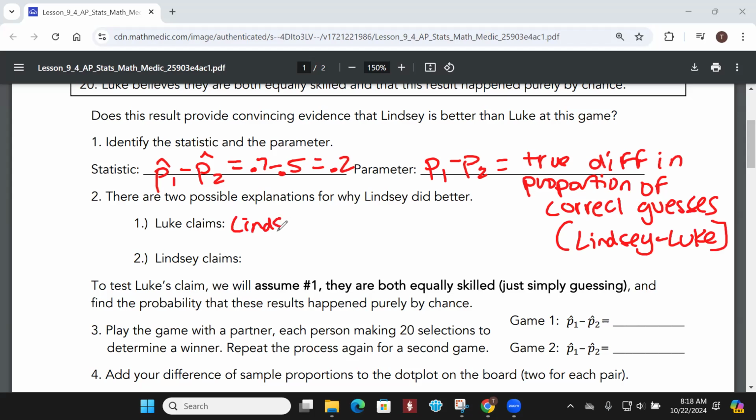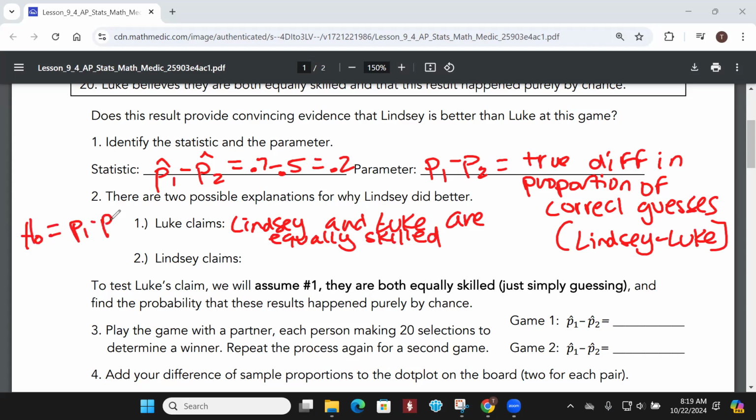All right, two possible explanations for why Lindsay did better. Lindsay and Luke are equally skilled. That would be the null hypothesis. That means that P1 minus P2 would be 0. There would be no difference, right?